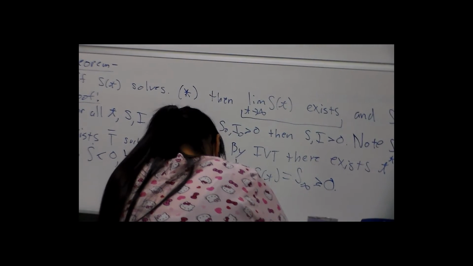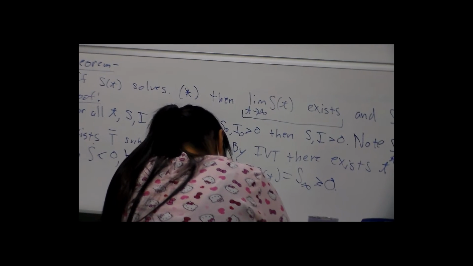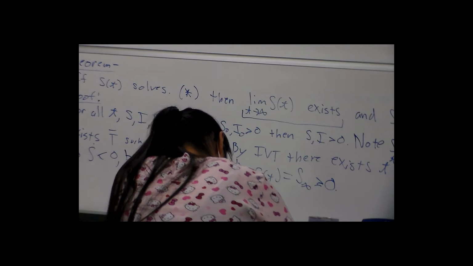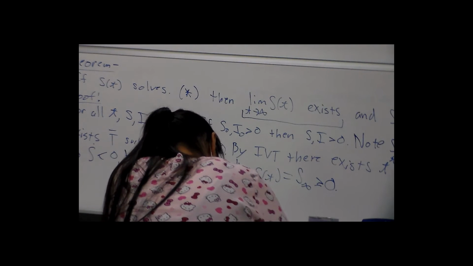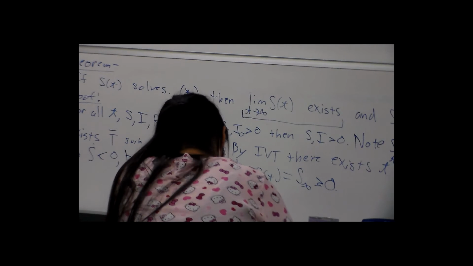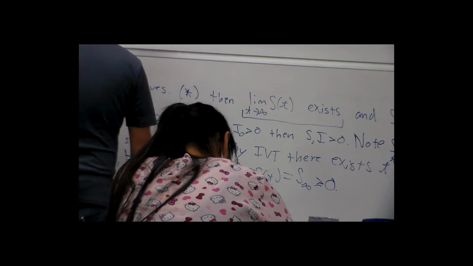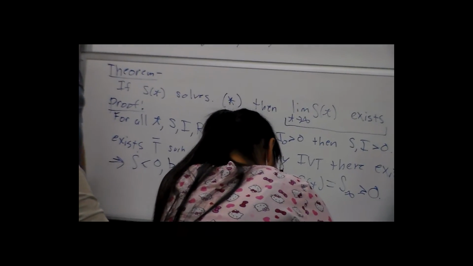This is a typical argument in ODEs where we can't solve the equation, but we can use properties of the derivatives to deduce things from the equations. So that helps with S of t, and this gives me this quantity.